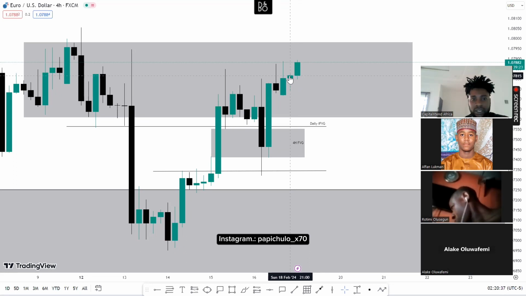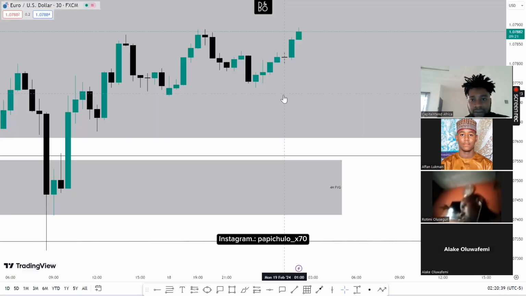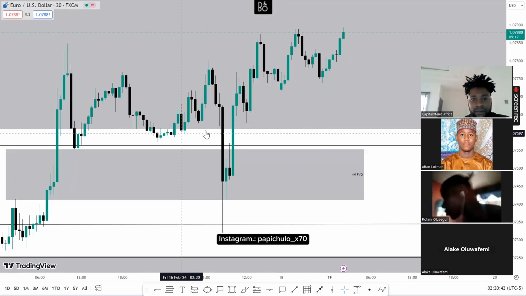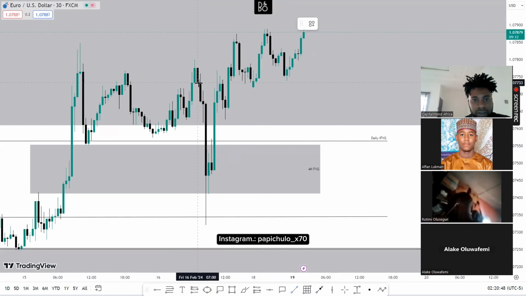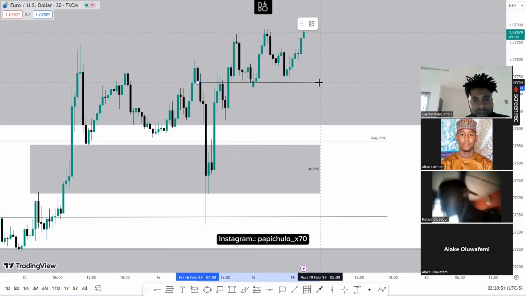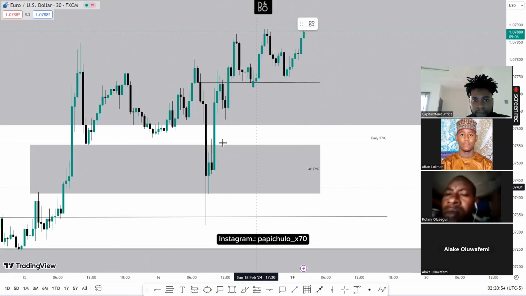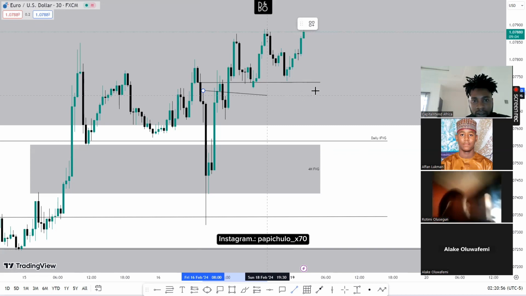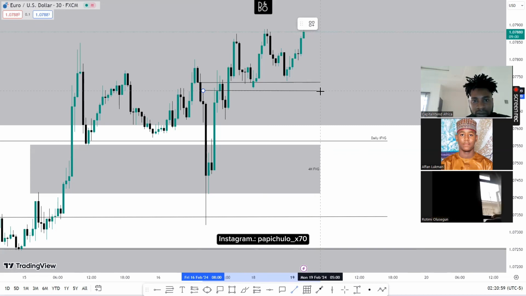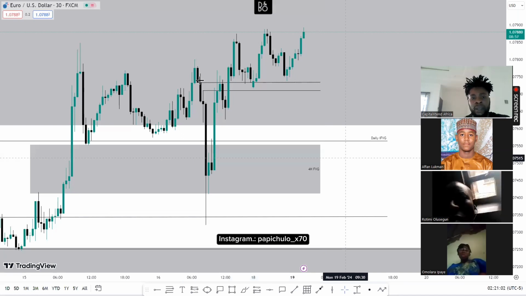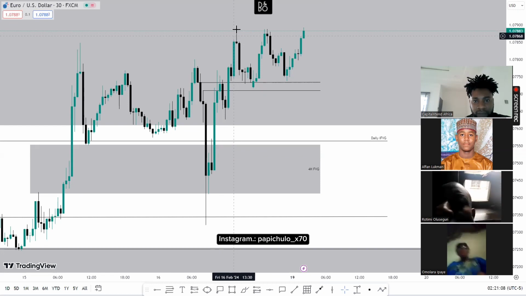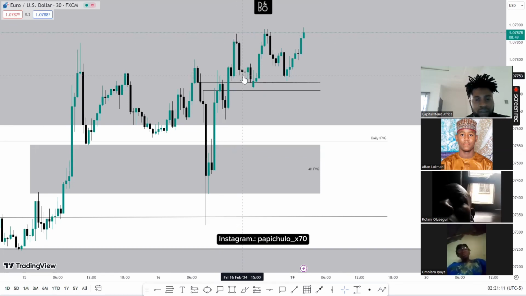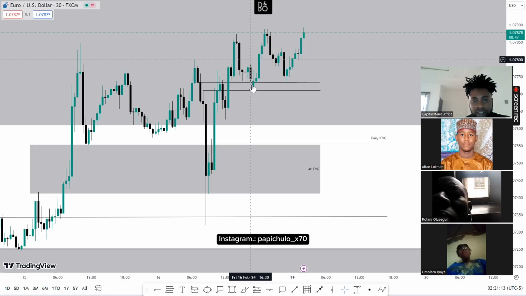Now, let me explain to you guys. On the 30 minutes last night, I saw this failed CB. Price reacted, but eventually broke off from that CB and closed here. Then when the market opened, I saw a retest into the CB, but I really didn't want to go in.